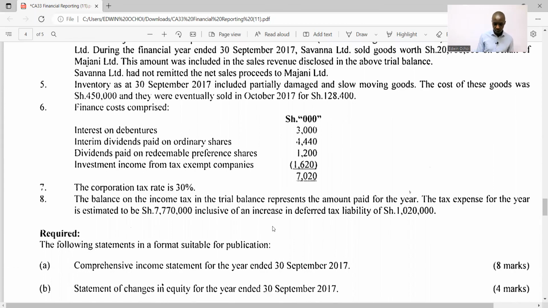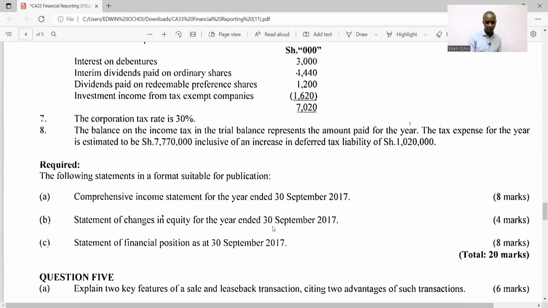Number 8, the balance on the income tax in the trial balance represents the amount paid for the year. The tax expense for the year is estimated to be 7,770,000, inclusive of an increase in deferred tax liability. So you will have to compute the current tax based on information number 8.